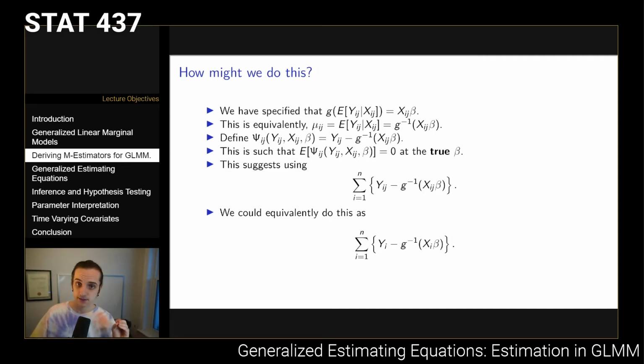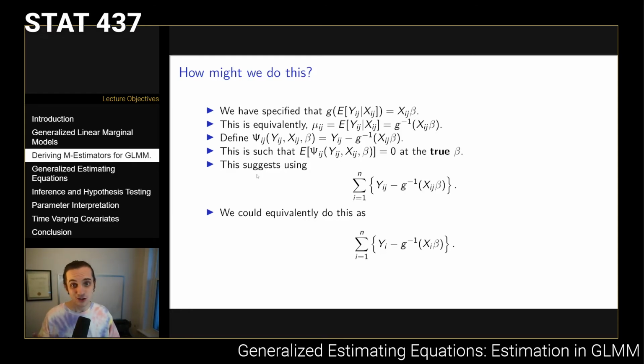We've not specified a distribution for our outcome. All we've done is we've said we think that the mean of the outcome follows this form, and from that, we have an estimator that's not only consistent, but it's also asymptotically normal, and we know exactly what the form of the variance of our estimator is going to be, right? So that's this incredibly powerful technique.